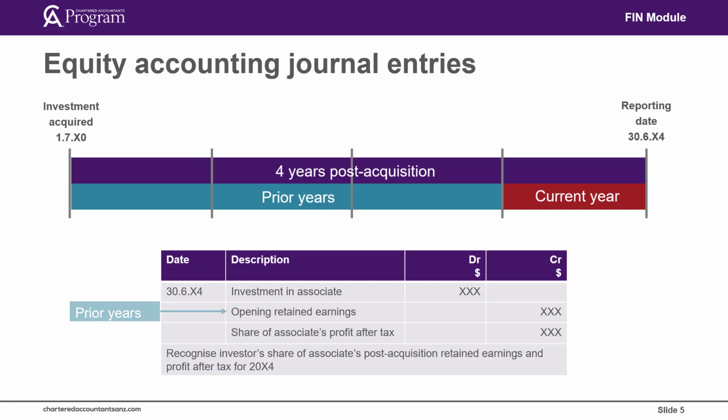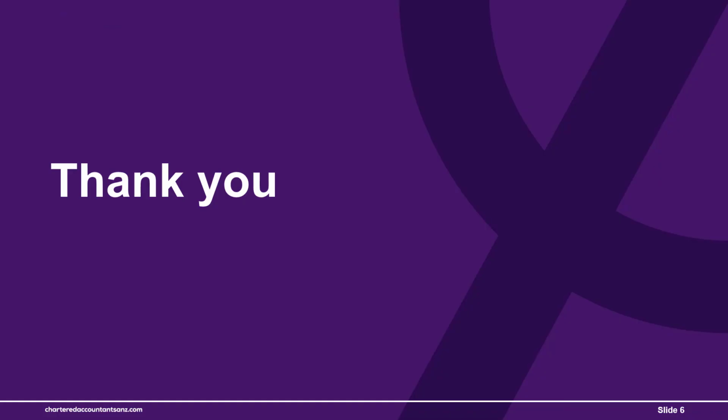The 3 years worth of post-acquisition profits from the prior years is recorded in the opening retained earnings account, and the current year profit is recorded in the share of associates profit after tax account. The debit then goes to the investment in the associate account in order to increase our equity carrying amount of the investment.